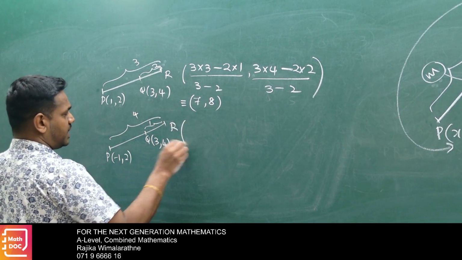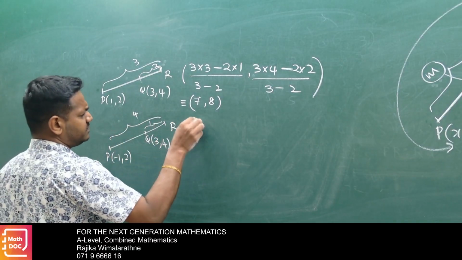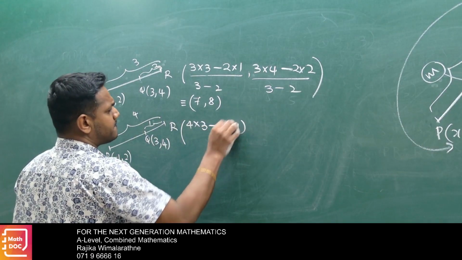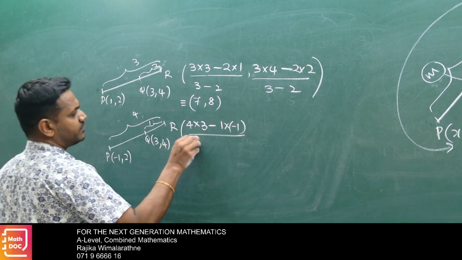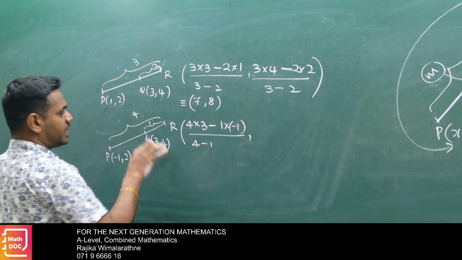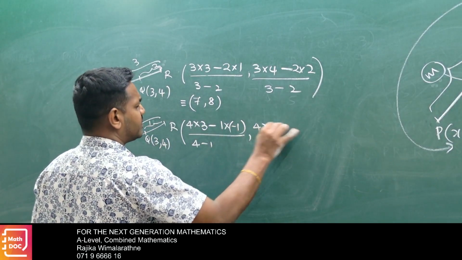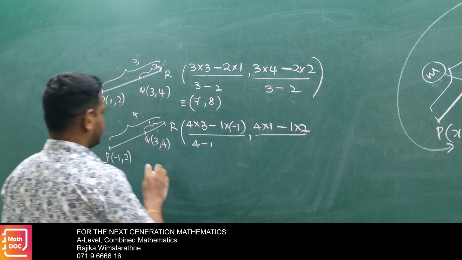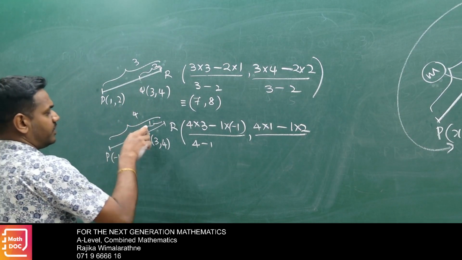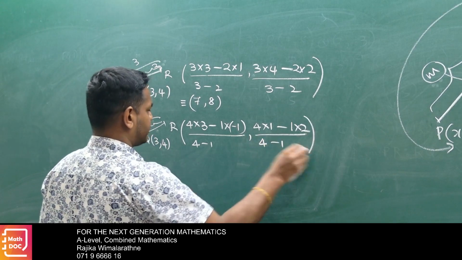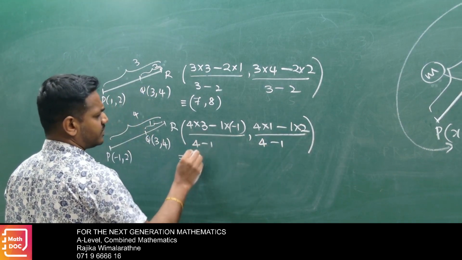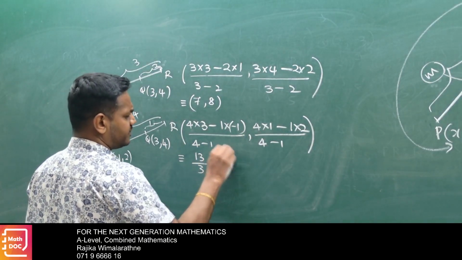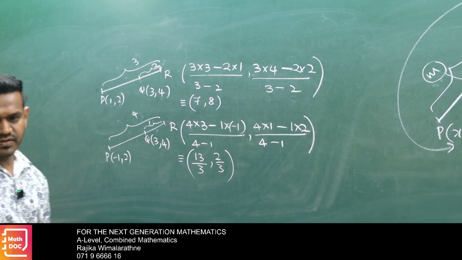Then R: 4 times 3 minus 1 times minus 1 over 4 minus 1, 4 times 4 minus 1 times 2 over 4 minus 1. 13 over 3, 2 over 3.